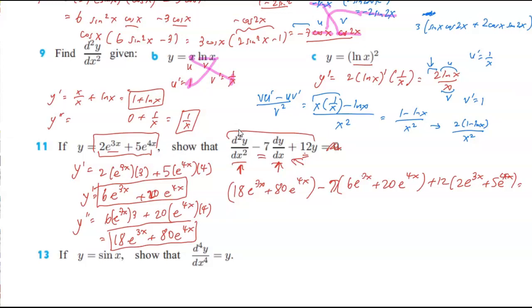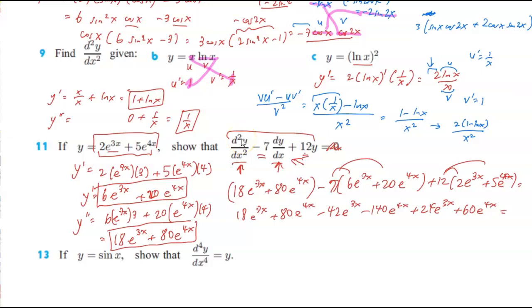So we have 18e to the 3x plus 80e to the 4x. And then we distribute the negative: negative 42e to the 3x minus 140e to the 4x. And then plus 24e to the 3x plus 60e to the 4x. What does that equal to?